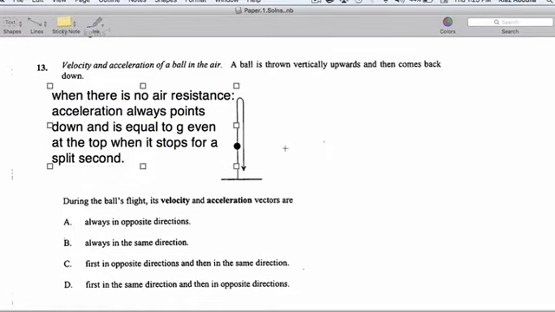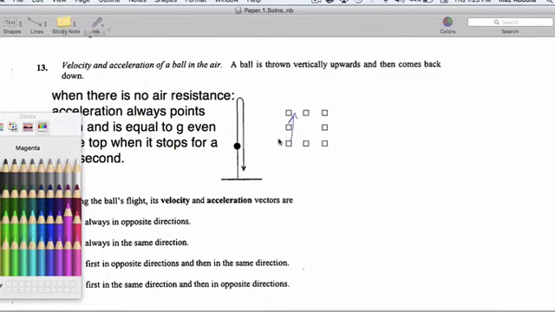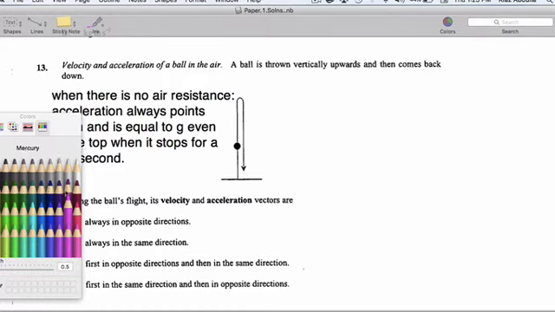So here's what this means. Going up, I get it. The velocity vector, sure, it'll point up like this. One more time. So again, as it goes upwards, the velocity vector points like this. As it goes downwards, the velocity vector points like this.